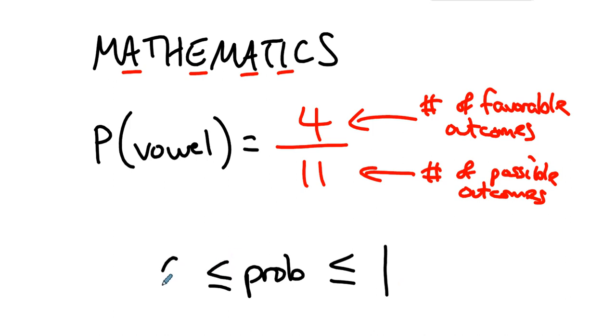Also, probabilities are always greater than or equal to 0. 0 is the least possible probability, and that happens if there are no favorable outcomes. Probabilities are always fractions between 0 and 1. 0 is a possibility if the event has no favorable outcomes. 1 is a possibility if every possible outcome is favorable.